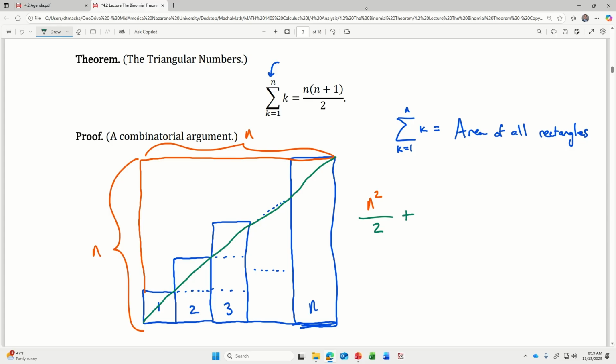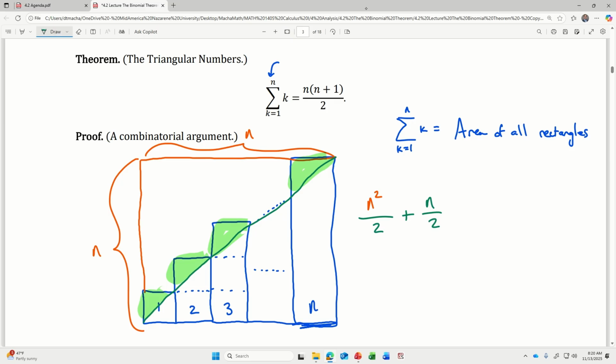So how do I capture the areas that are just peeking up a little bit above the green line? How do I get the areas of these triangles? Well, each triangle has an area of 1/2. And how many triangles are there? Well, there's n triangles, right?